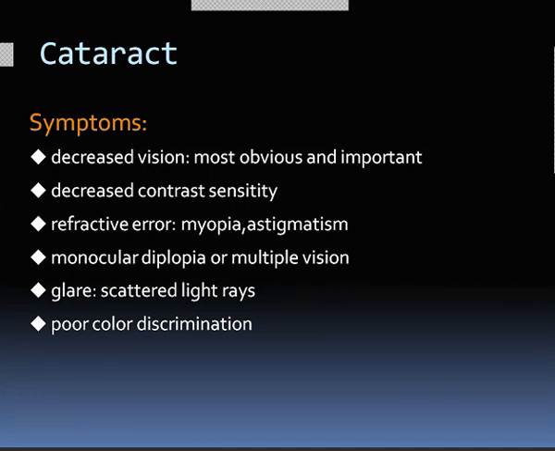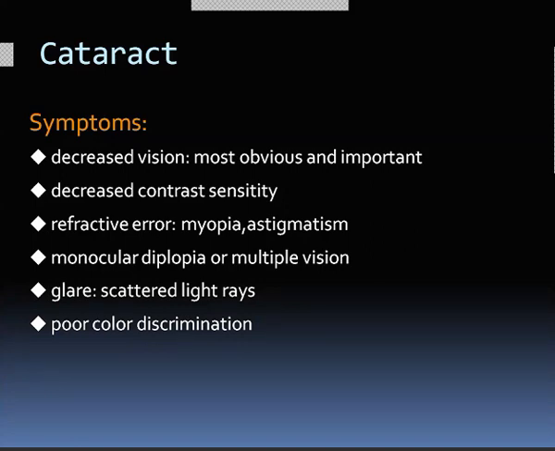And the other forms of vision are form vision, contrast sensitivity, and color vision. The three parts of vision are involved in cataract.